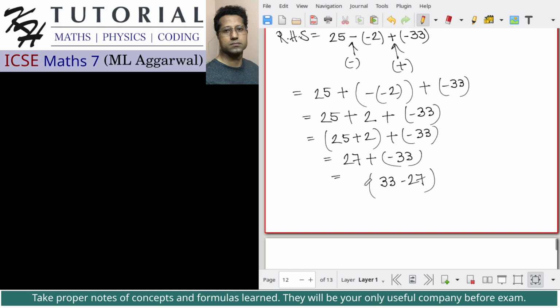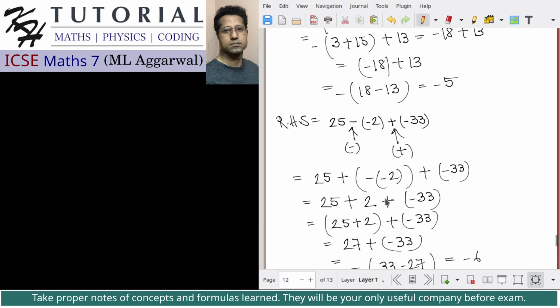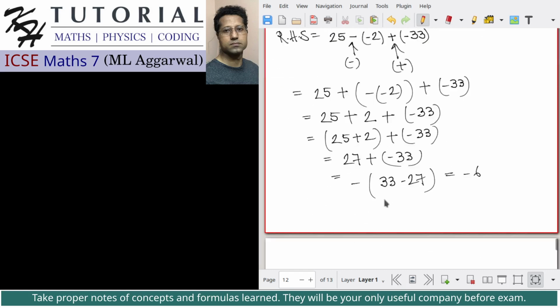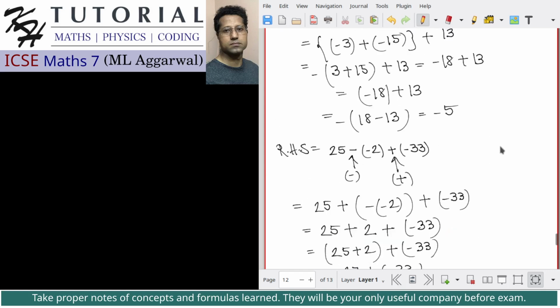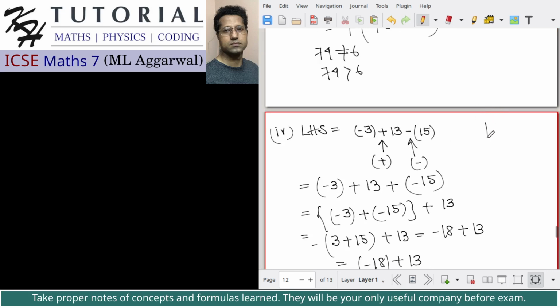The numerically greater integer is minus 33, so its sign is negative. 33 minus 27 is 6, so this is equal to minus 6. So we see RHS is minus 6 and LHS is minus 5. Clearly minus 5 is not equal to minus 6, and the LHS, minus 5, is greater than minus 6. So in the box, the operator that we need to put is the greater than sign.